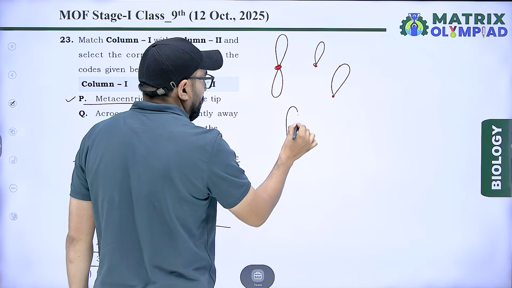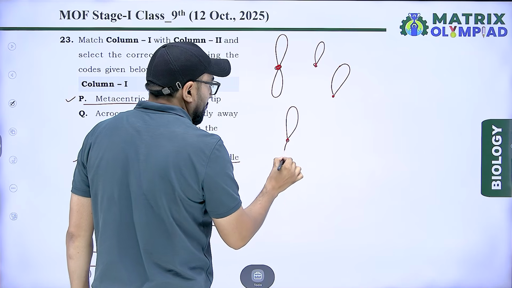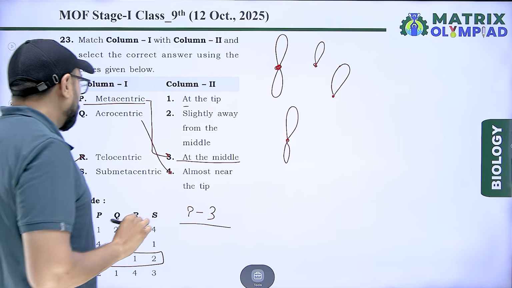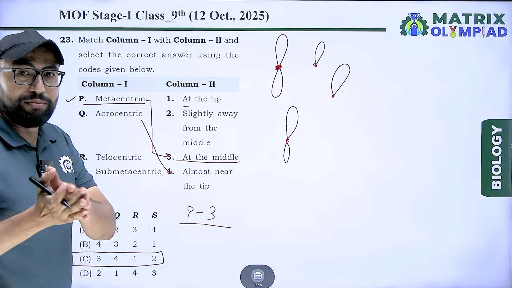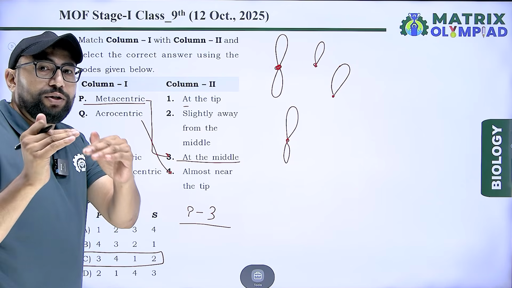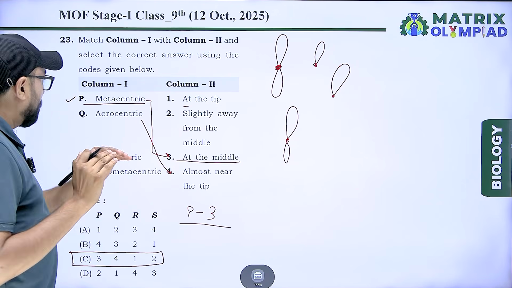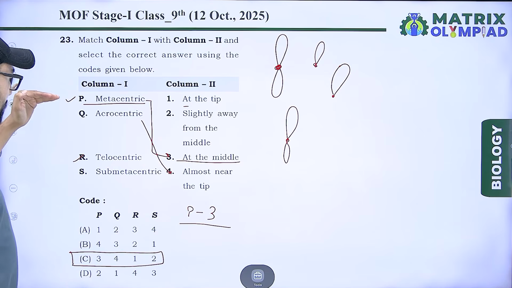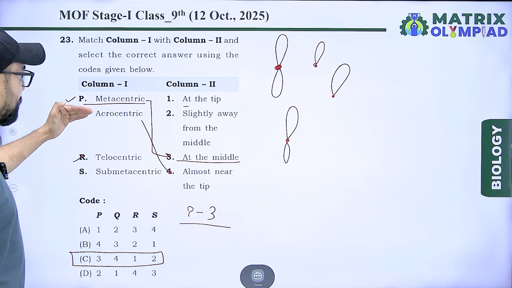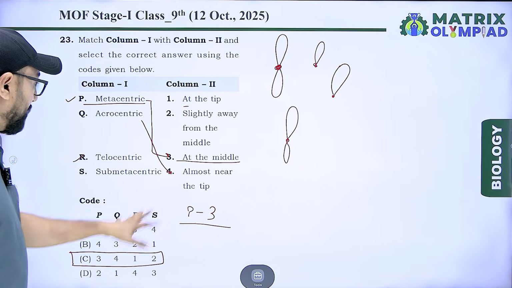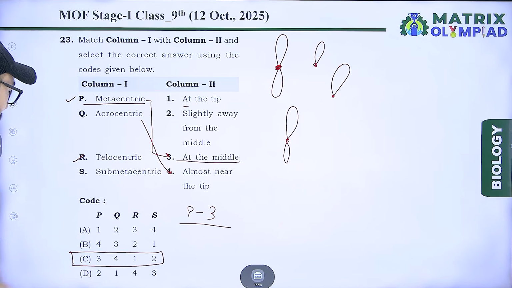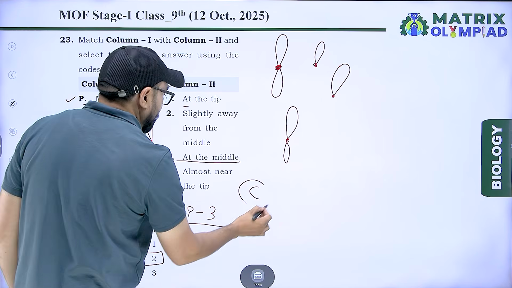So these are the types of chromosome based on position of centromere: metacentric, submetacentric, acrocentric, and last telocentric. According to the match the column, our correct option is option C.